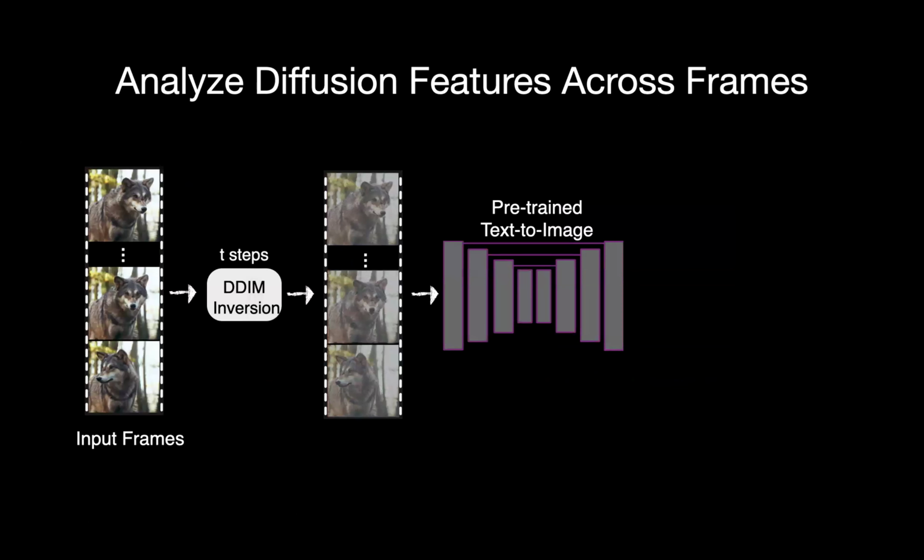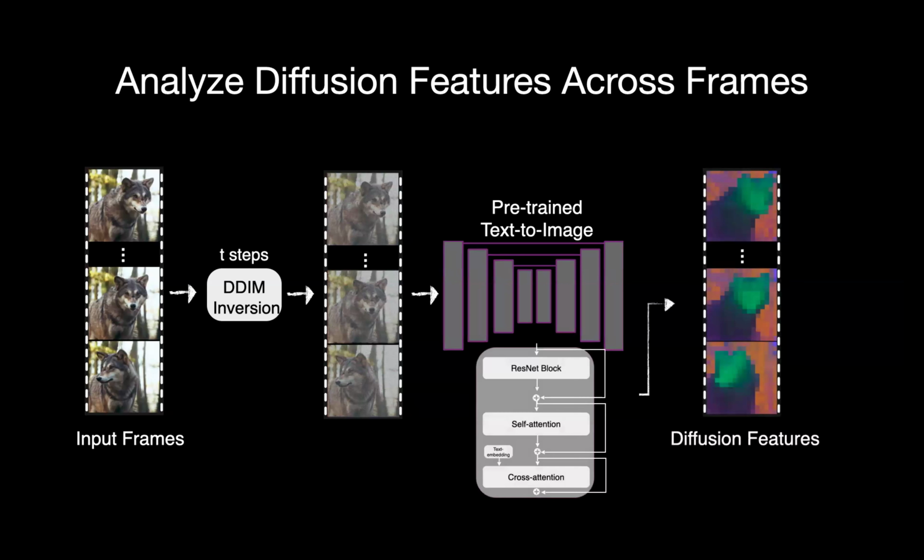So we wanted to understand how these inconsistencies are being represented inside this model, and that brought us to analyze the diffusion features across different frames. The way we've done this is that you take the input video, and you invert it into the pre-trained text-to-image model using DDIM inversion. Again, each frame independently because it's a 2D model. So we can invert each frame, extract some features, and then reduce their dimensionality using PCA.